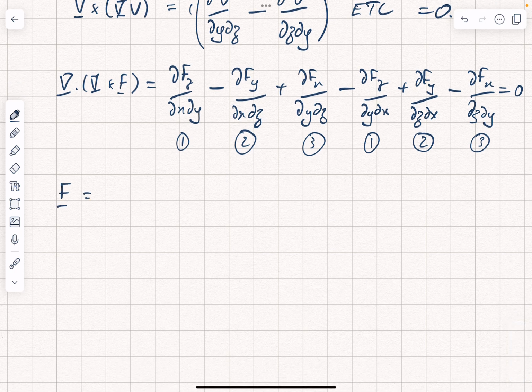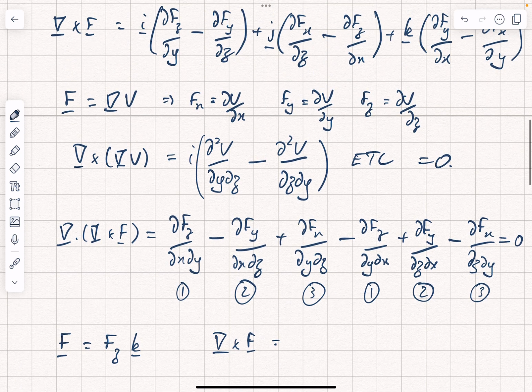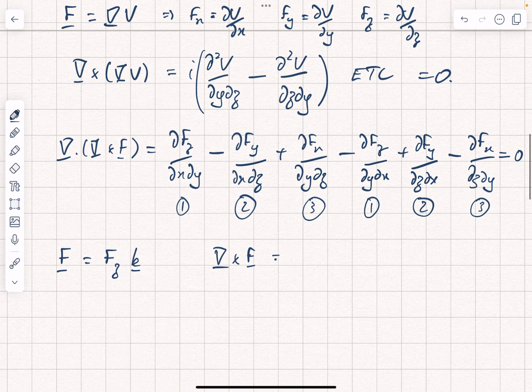If we say that f is equal to fz in the k direction only, then the curl of f is dfz by dy in the i direction minus dfz by dx in the j direction. And that starts to look very much like circular motion in the xy plane. That's completely confined to the xy plane, and when we take the divergence, that is going to go to 0.